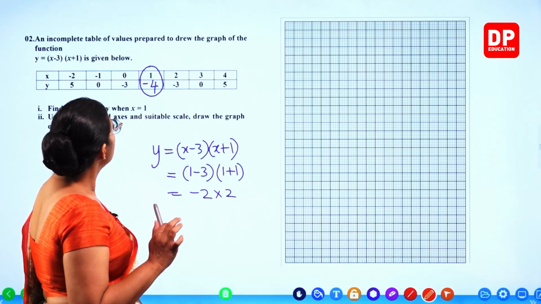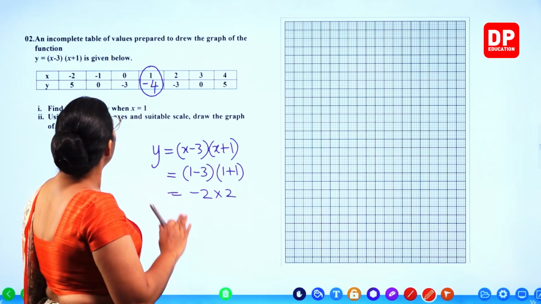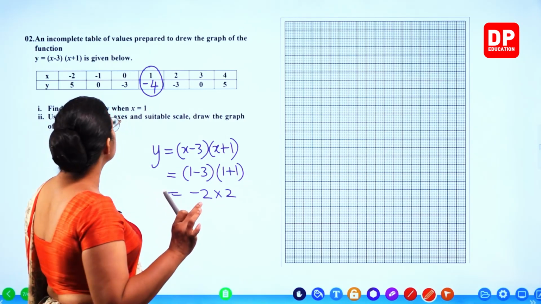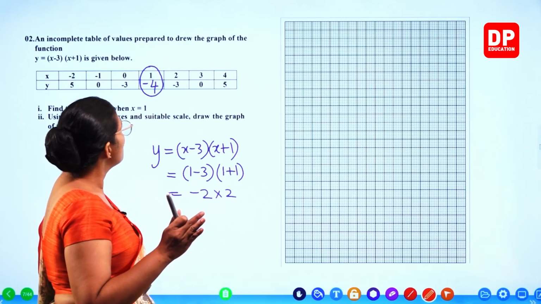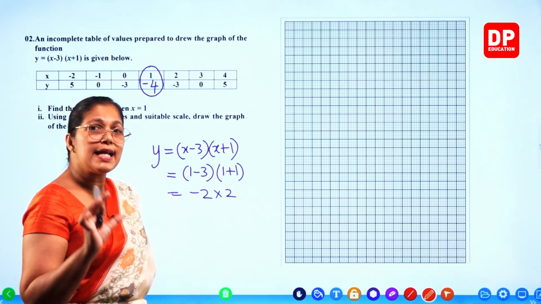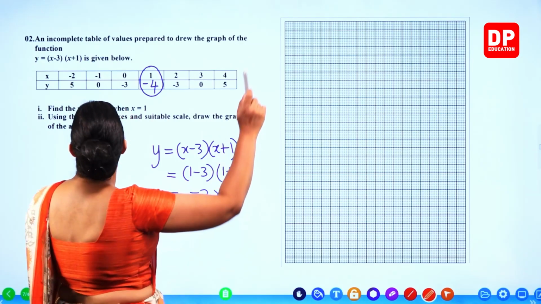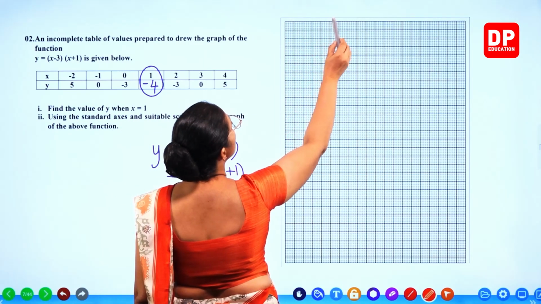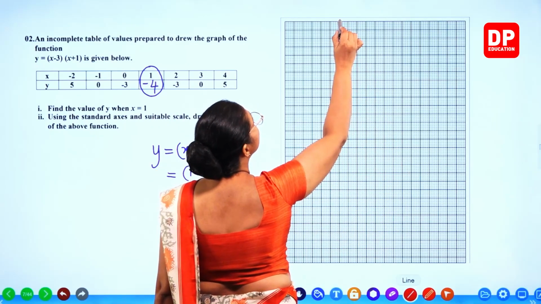So we can first find a suitable scale. Minus 2 to 4. So you can take 10 squares 1 unit along x-axis. What about y-axis? Plus 5 to minus 4. There also you can take 10 squares 1 unit. So let's try to scale it. Minus 2, minus 1, 0. So we can take the y-axis here.